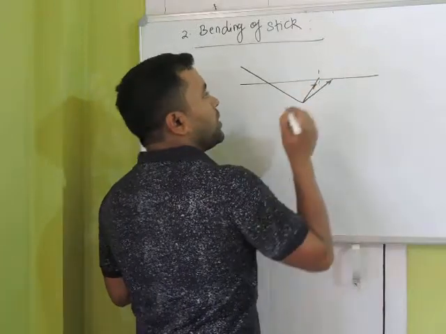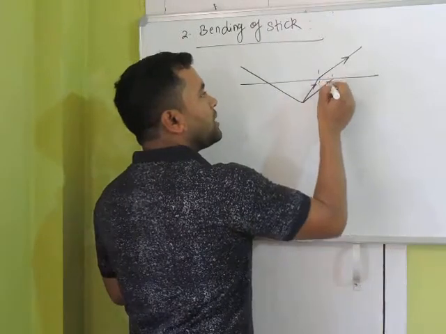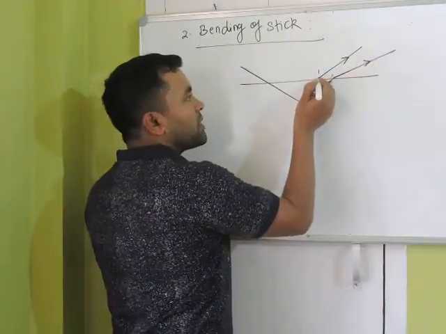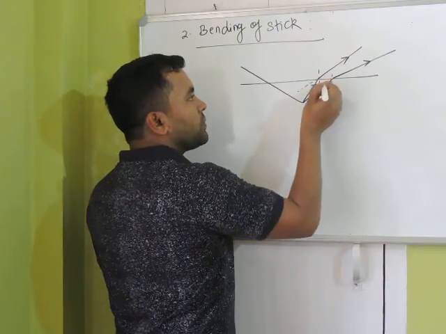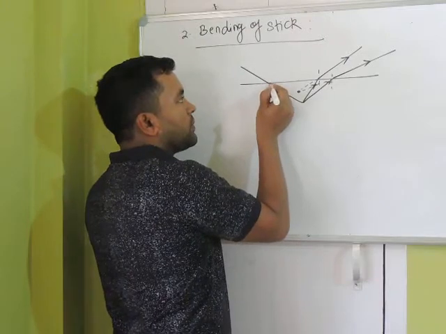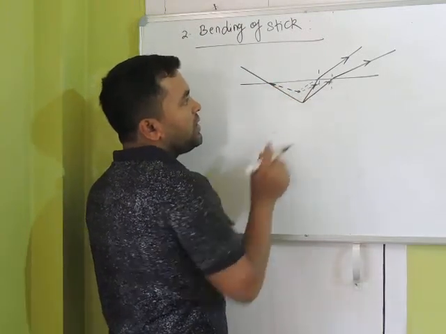Now you know that it will bend away from the normal and this will also bend away from the normal. Now if you extend these two rays, it is found that they will meet here.